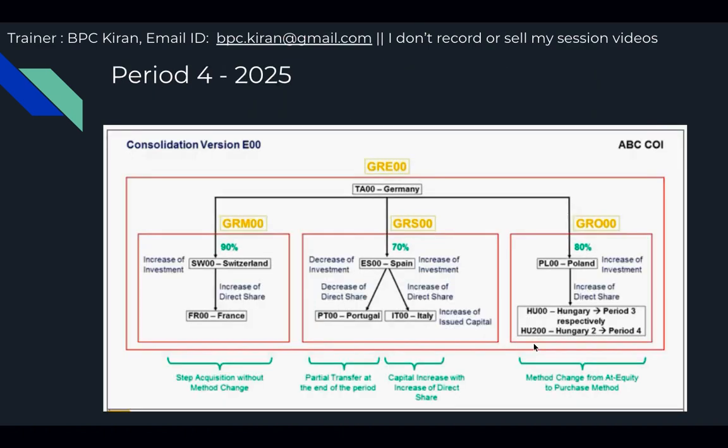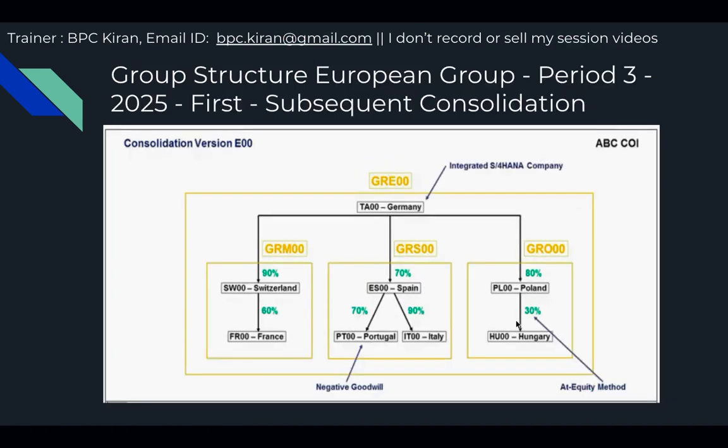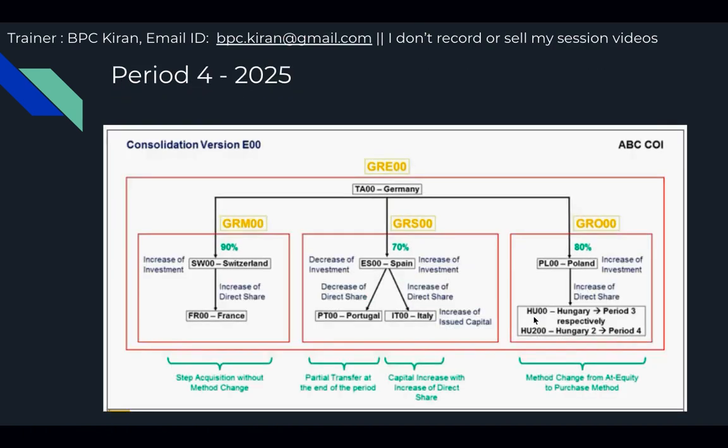Now Poland is increasing its investment percentage, for example, an increase of direct share. In period 3 you have 30%, and in period 4 you are increasing it to 60%. When your investment in period 3 is 30%, it is at equity, but now you are increasing to 60%. When you increase to 60%.